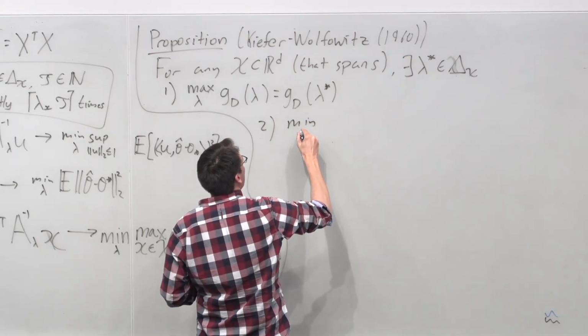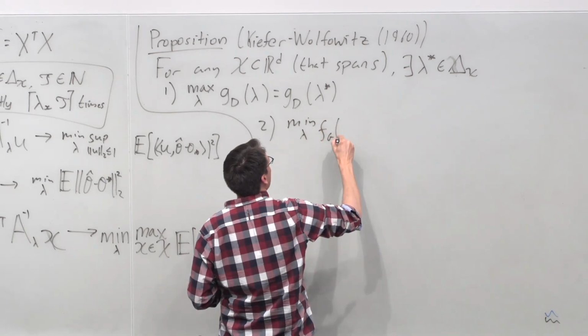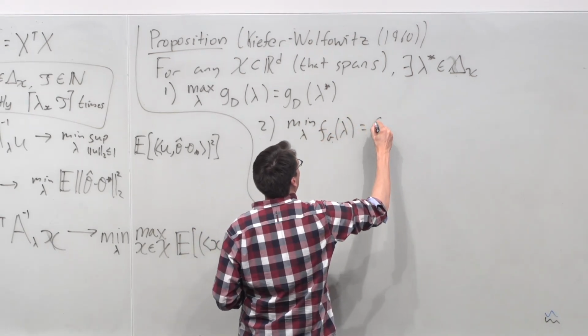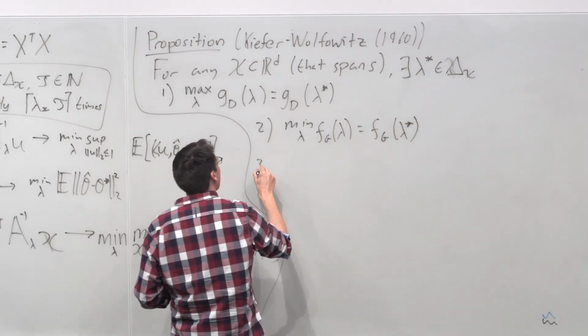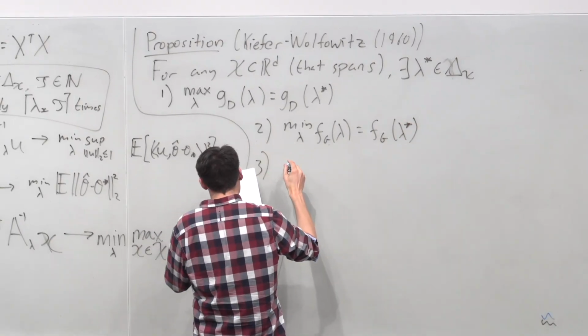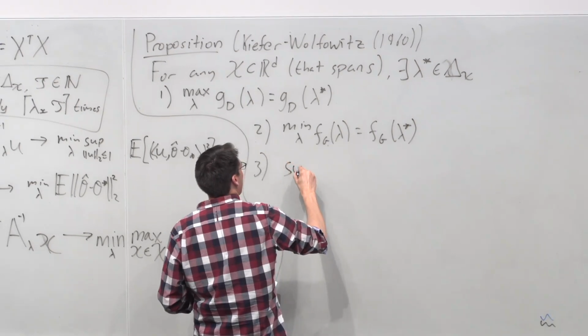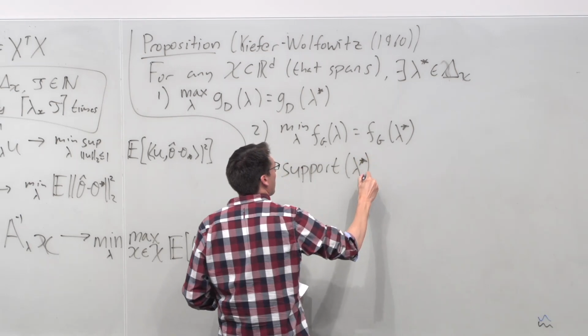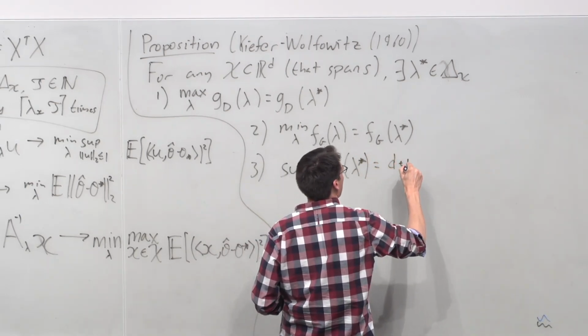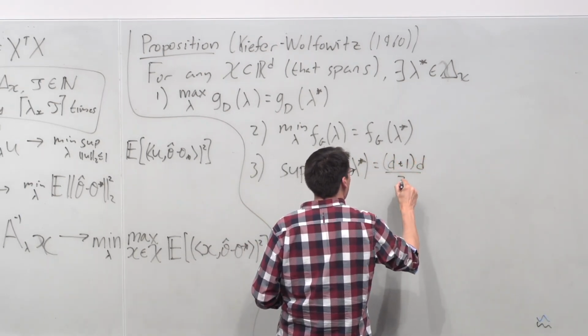2, min over lambda of f G of lambda is equal to f G of lambda star. And 3, the support of lambda star is at most d plus 1 times d over 2.